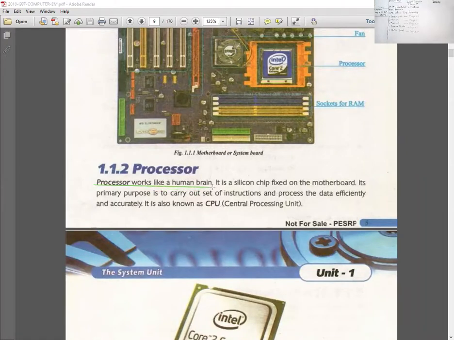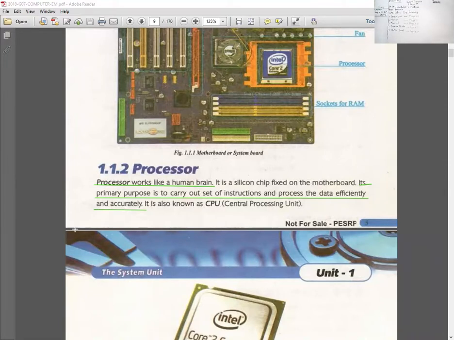Processors work like a human brain. Its primary purpose is to carry out a set of instructions and process the data efficiently and accurately. So these two lines are included in your answer.